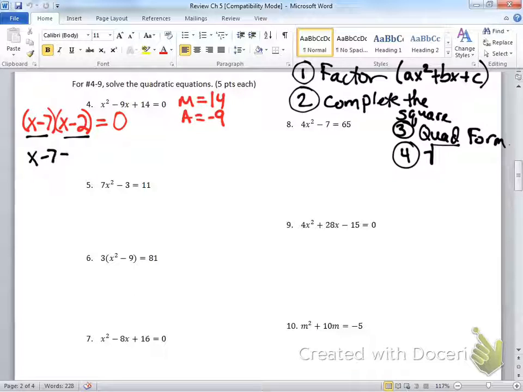So x minus 7 equals 0 and x minus 2 equals 0. So up here you get positive 7 as a solution. Back here you get positive 2 as a solution. I have that answer. Any questions?